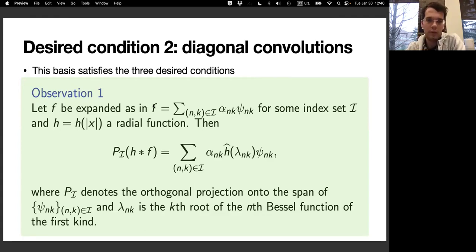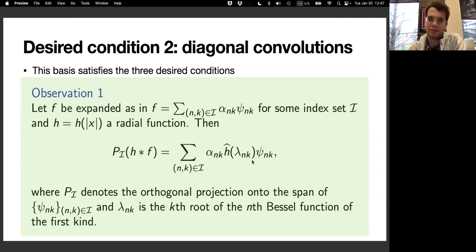So if we have a continuous function f that's expanded in this basis with coefficients alpha, and we have a radial function h here, then what does the expansion of h convolved with f look like? Here, P is a projection just onto the same set of basis coefficients as before. Just to see what happens to these coefficients: you take the same expansion, but just multiply each coefficient alpha by a function.